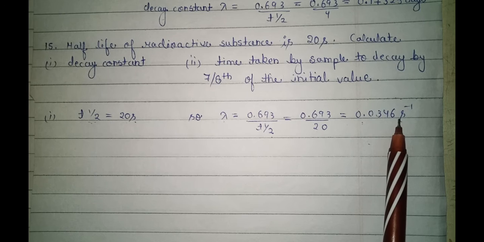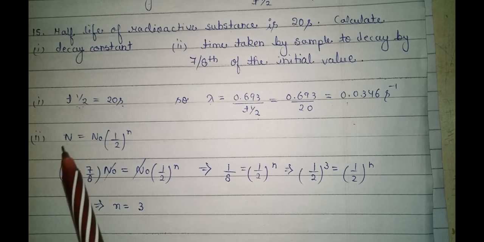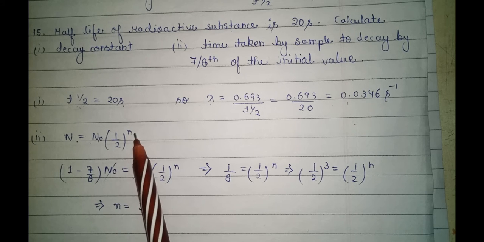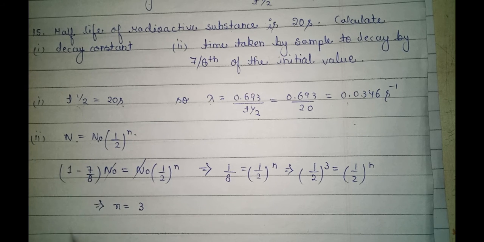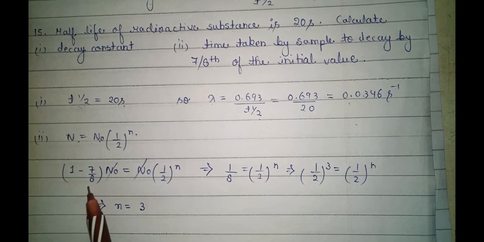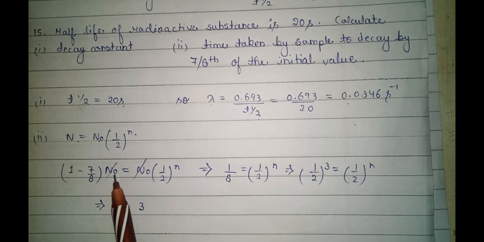Now moving to the second part of this question. We know that undecayed nuclei is equal to initial nuclei into half raised to the power n. It is given that the substance decays by 7/8. So the undecayed nuclei will be 1 minus 7/8 of the original nuclei.